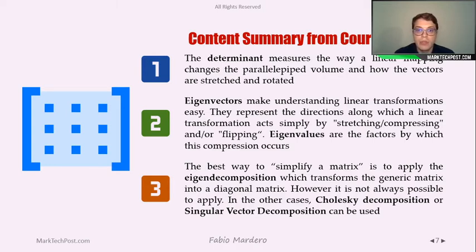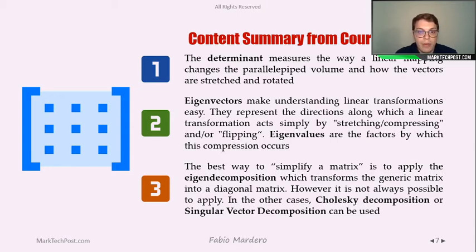The eigenvalues help us understand linear transformations in an easy way. In fact, they represent the directions along which the linear transformation acts simply by stretching and compressing the vectors and/or flipping them. Eigenvalues are the factors by which this compression, for example, occurs.